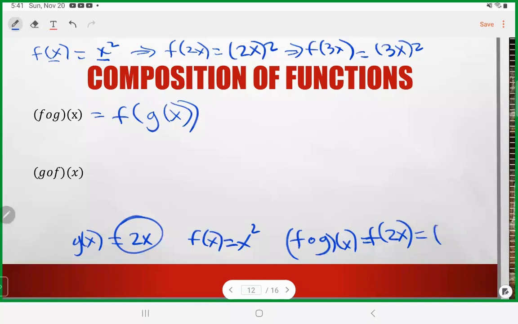It's just 2x squared, right? You're going to put the entire g function in as an input for f.